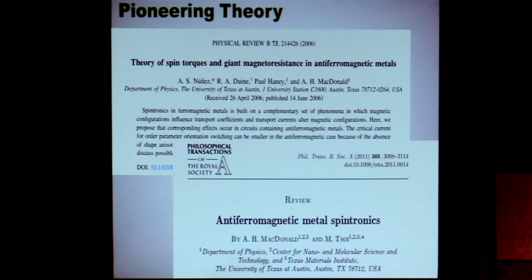At that time, the concept of antiferromagnetic spintronics had not really come yet. So this concept was a little bit conservative, because in that case people probably only considered it in metals. That's why in this review paper by Prof. MacDonald, he proposed so-called antiferromagnetic metal spintronics.